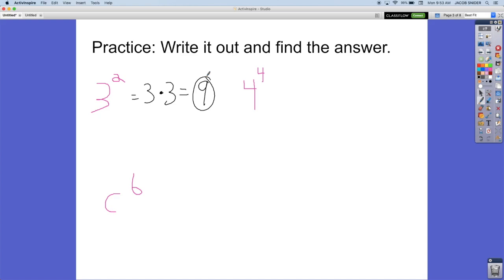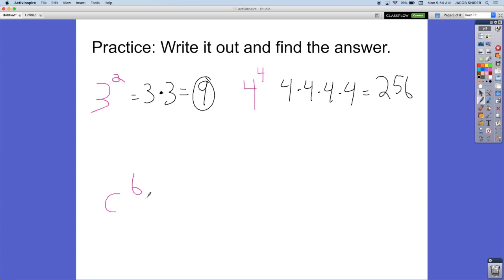4 to the 4th power. So that base is 4. How many times? 4 times. Write this with me, guys. So I got 4 times 4 times 4 times 4, which equals, 4 times 4 is 16, times 4 is 64, times another 4 is 256.